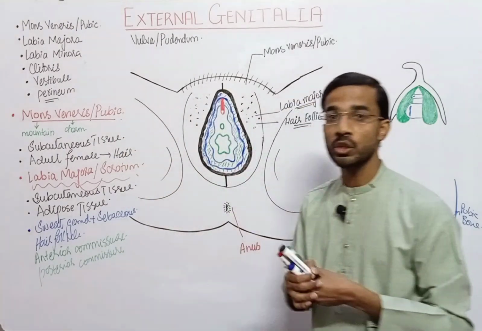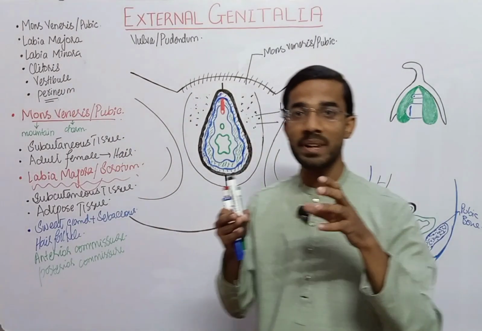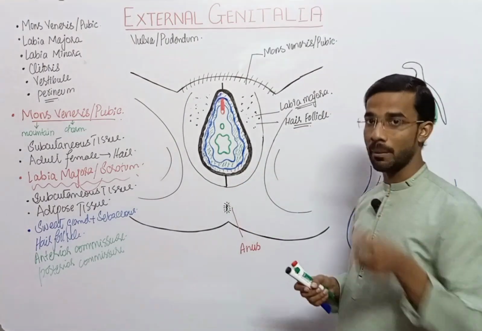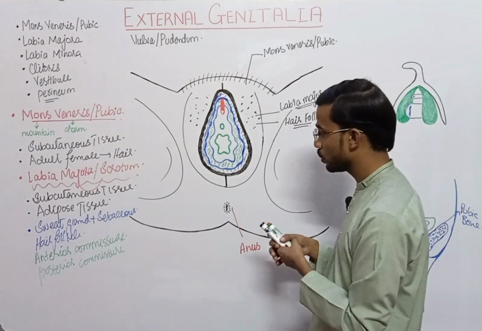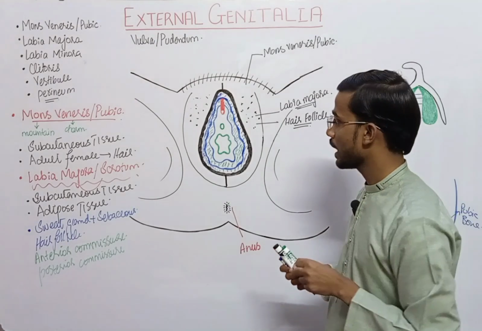So these are the two commissures present at the level of the labia majora.